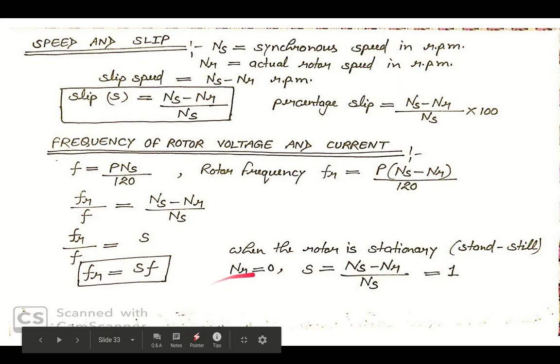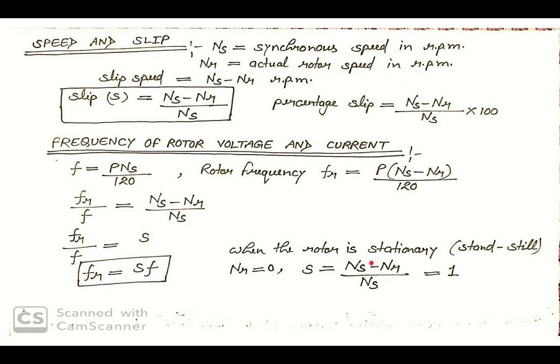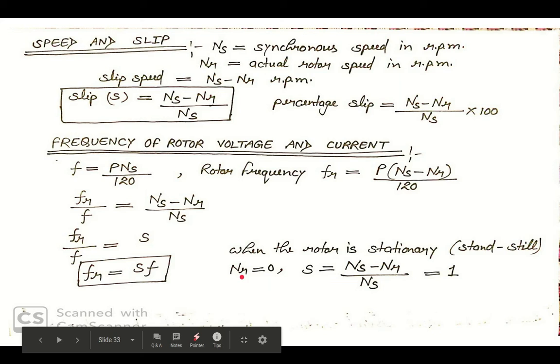But when the rotor is stationary, that means the standstill condition, the speed of the rotor will be 0. That means nr is equal to 0.